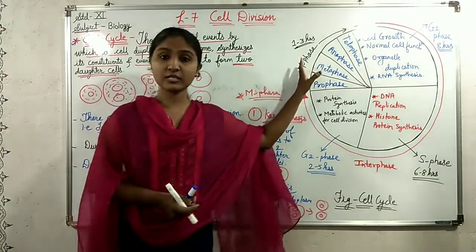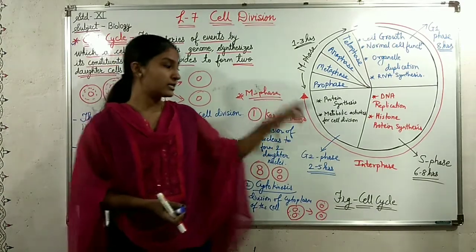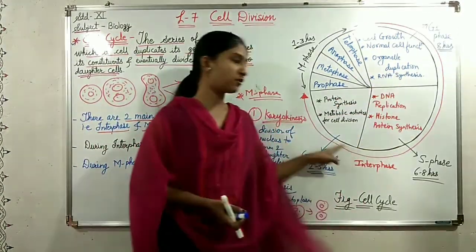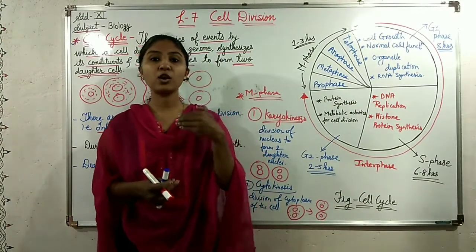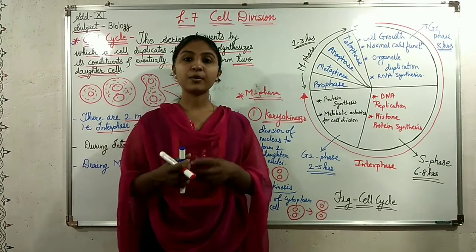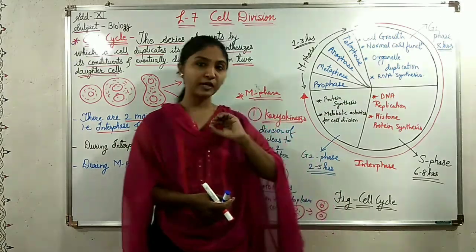So this is the process of cell division. The cell cycle has two main phases. First is the interphase. This interphase is the longest phase in the cell cycle. In this phase, the cell prepares itself for cell division. There are three parts of interphase.